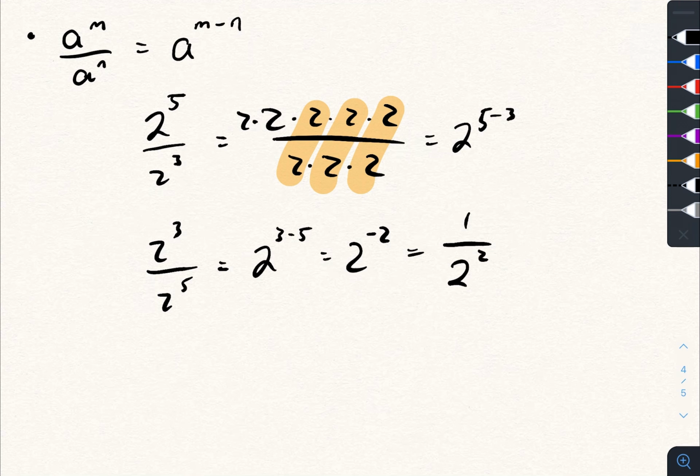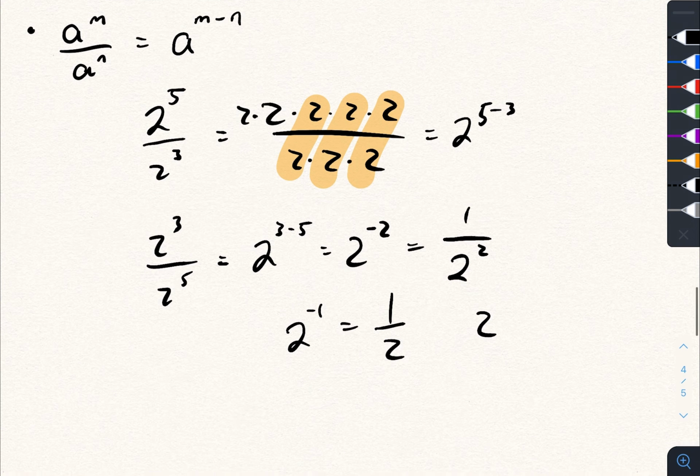And that's because negative exponents just mean you flip whether it's going to be in the numerator or in the denominator. So 2 to the negative 2 really just means the same thing as 1 over 2 to the positive 2. And then 2 to the negative 1 would be 1 over 2 to the positive 1, or just 1 over 2.